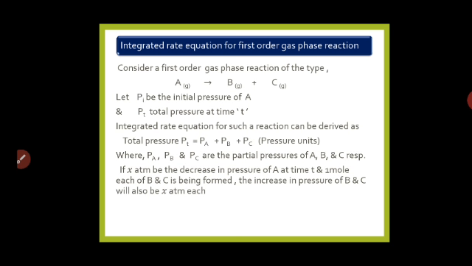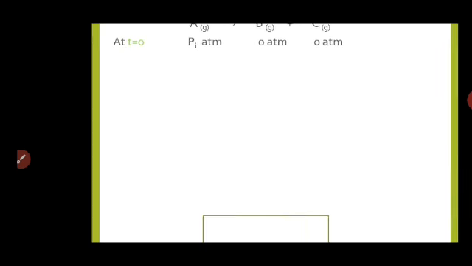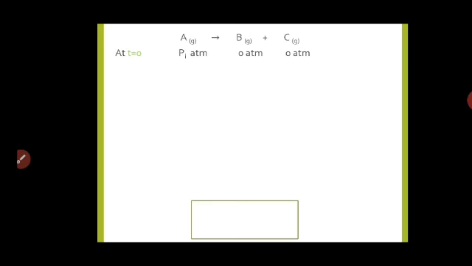Here atm is atmosphere. Then for the equation A gives B plus C, at T equal to 0, Pi is the initial pressure, and the initial pressure of B and C is 0 atmosphere.